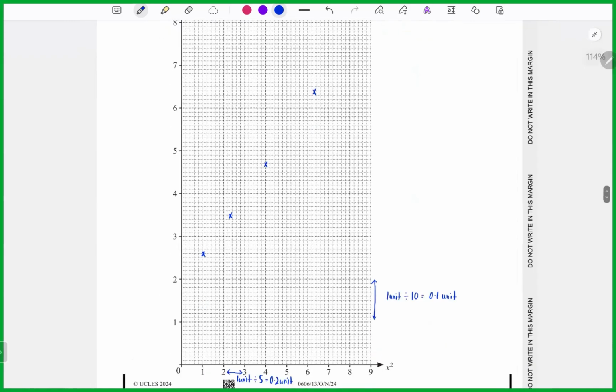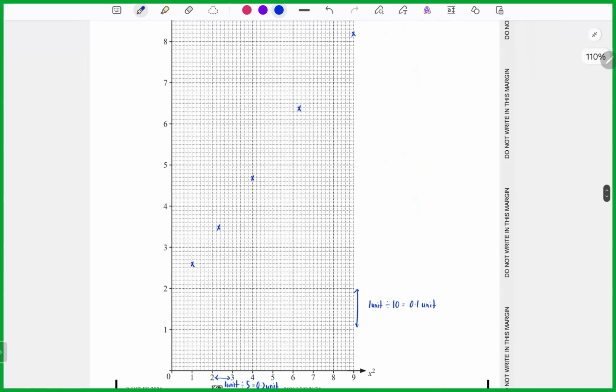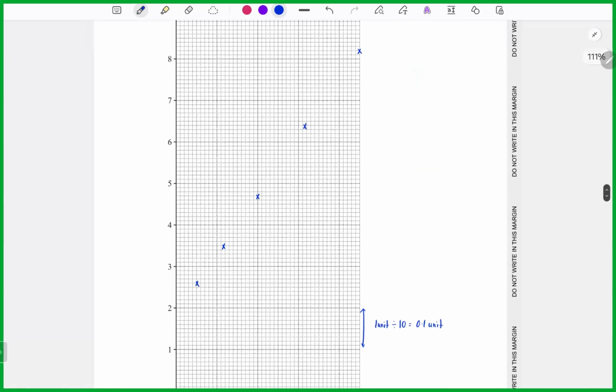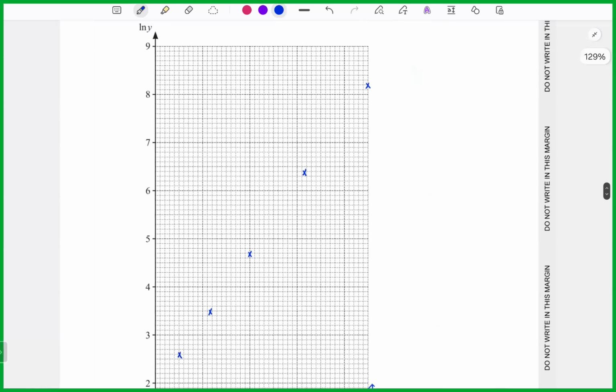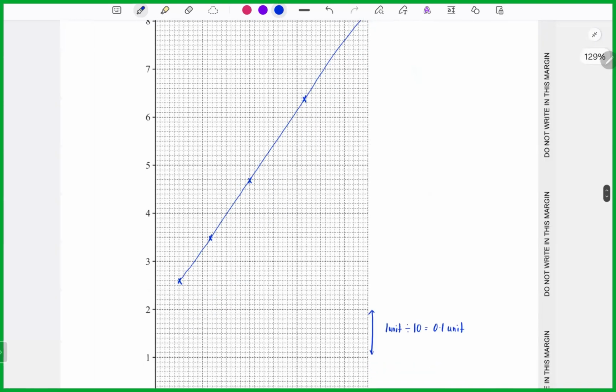Make sure you use your ruler to sketch this graph.